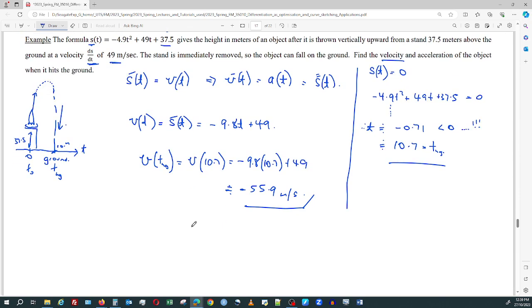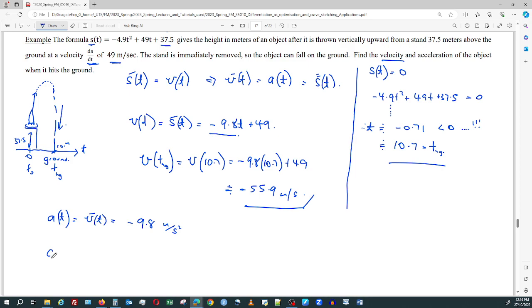The next part is the acceleration. The acceleration is the differential of the velocity, so the differential of the velocity is minus 9.8. Very straightforward. Because it's an acceleration, the units are meters per second squared, sometimes written as meters per second to the minus 2.